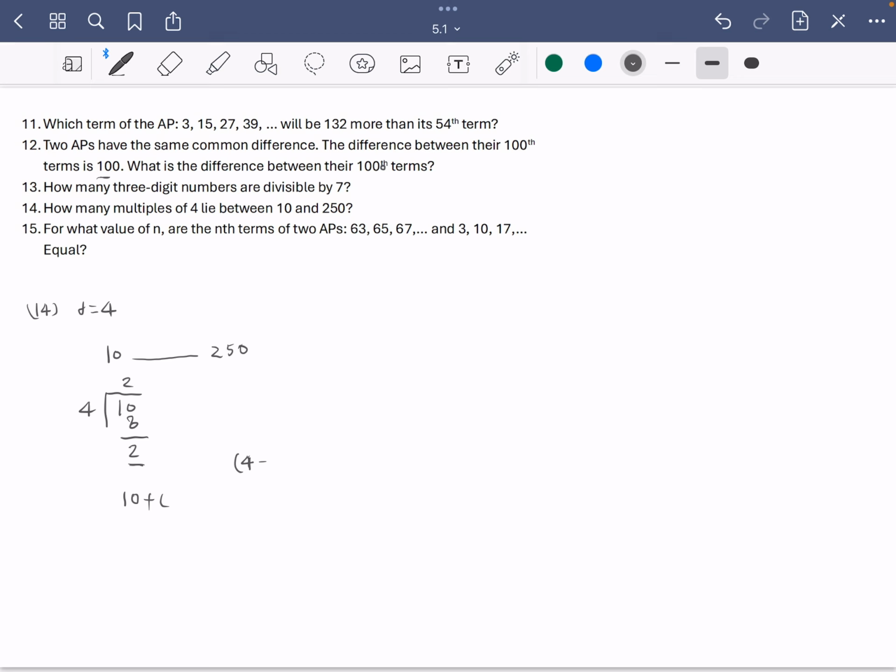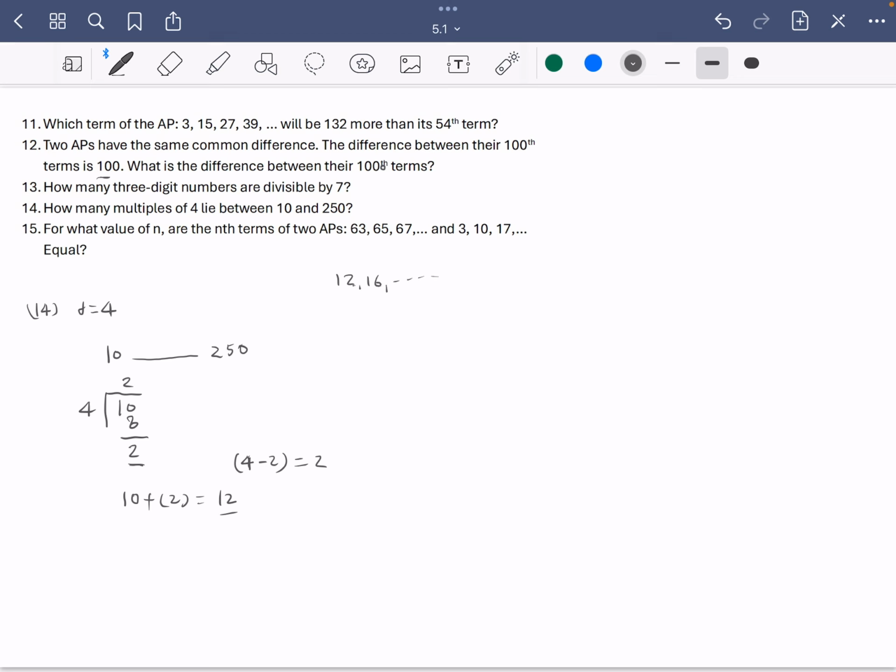It's a little bit confusing. Anything divisible by 4 should be in portions of 4. I already have 2, so I will subtract the amount I already have, 2, from 4 to find how much I need, which is 2. So it should be 10 plus 2. The first number that is divisible by 4 after 10 is 12. Then the second number you can find by adding 4.